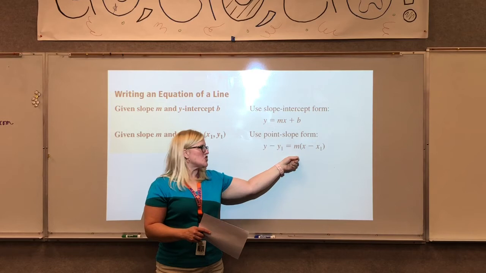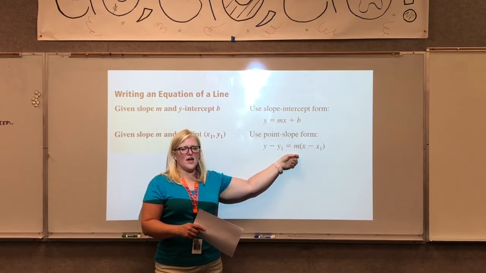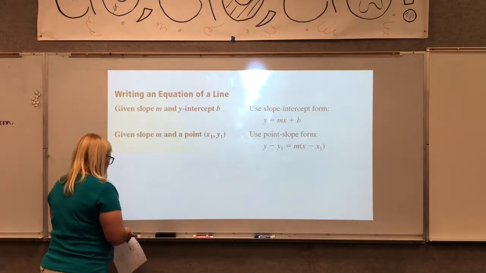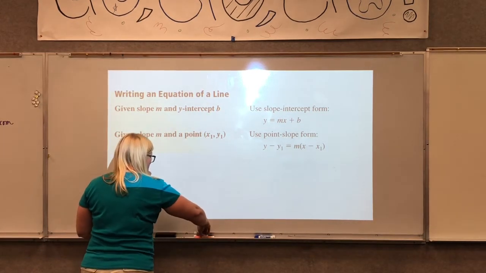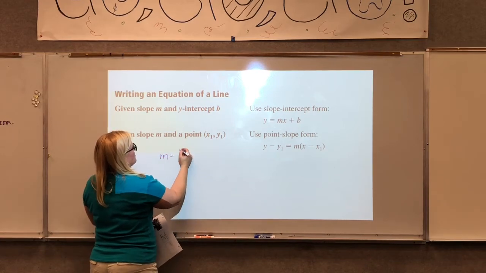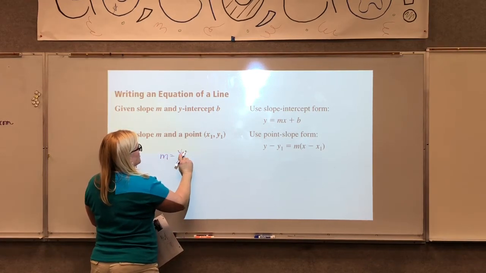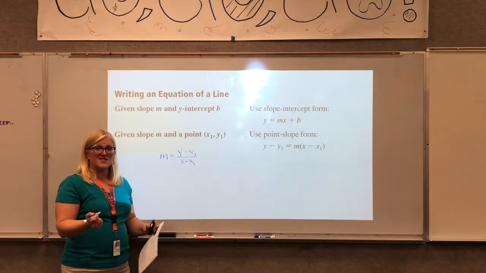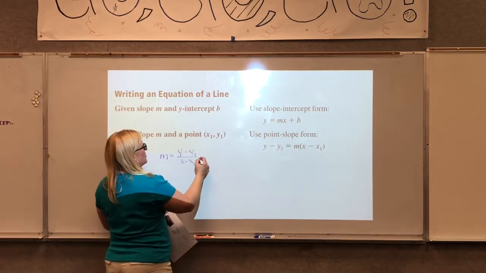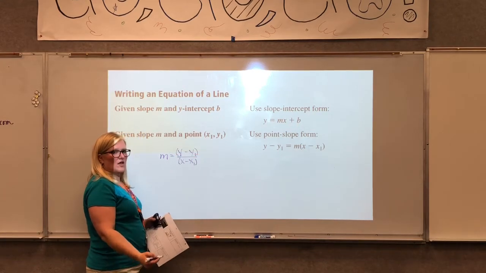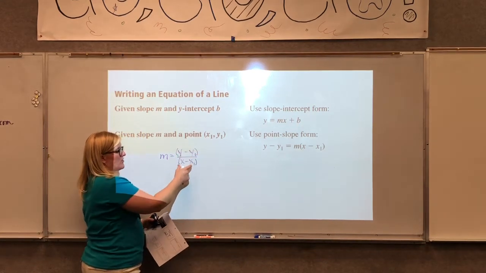And one thing I wanted to show you, because sometimes these are hard to remember, is where this came from. The equation for the slope is basically the change in y over the change in x, right? y minus y over x minus x. These are kind of automatically put into parentheses based on the numerator and the denominator.